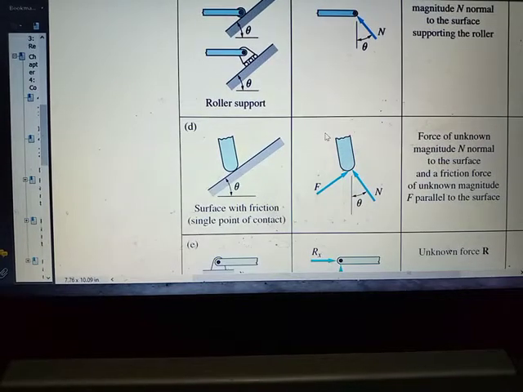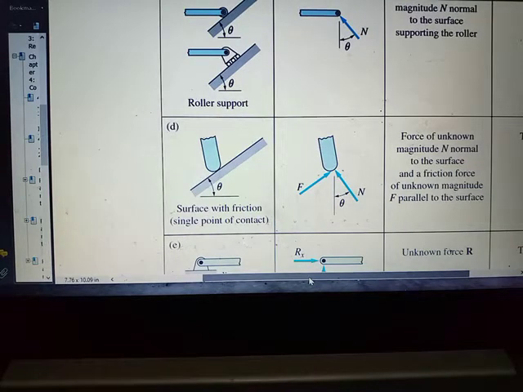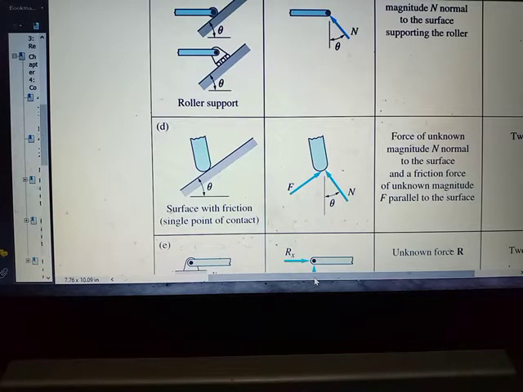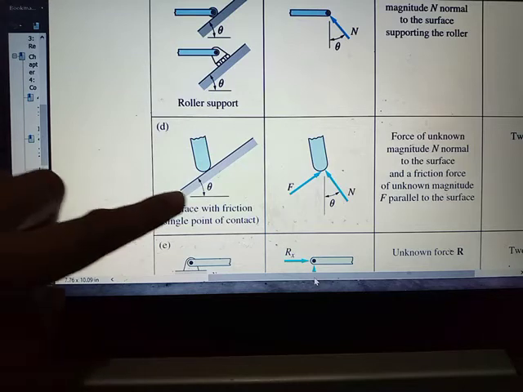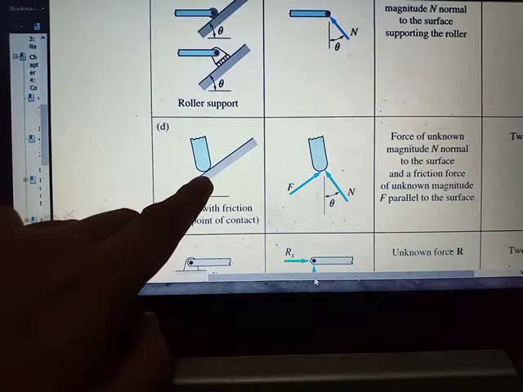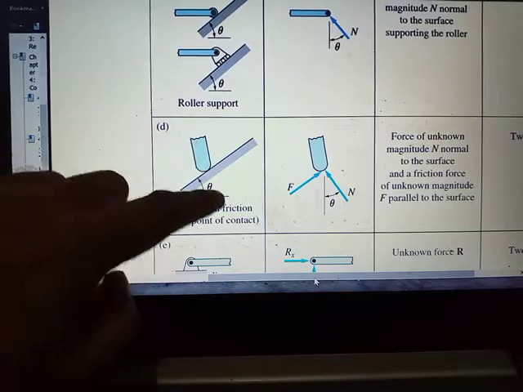What about surface with friction? Kapag merong friction, dalawa yan. Kapag may friction, ibig sabihin, hindi na siya dumudulas itong body mo.